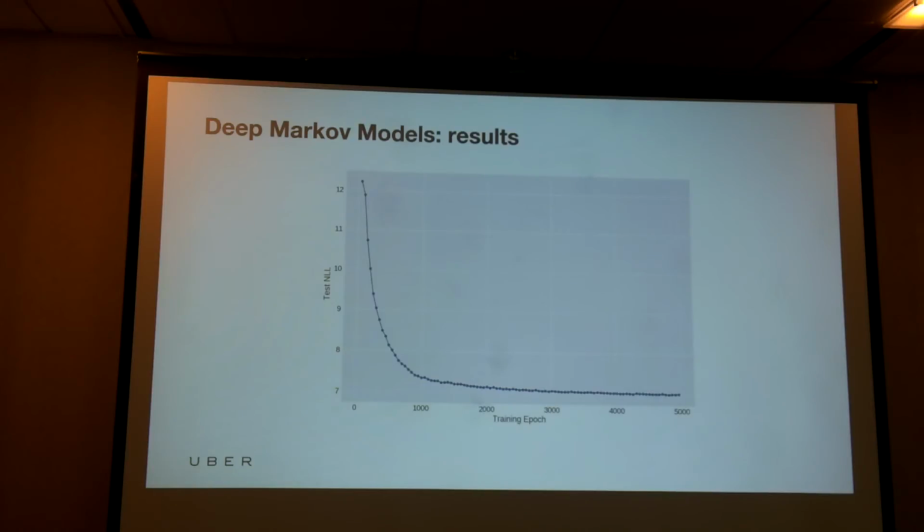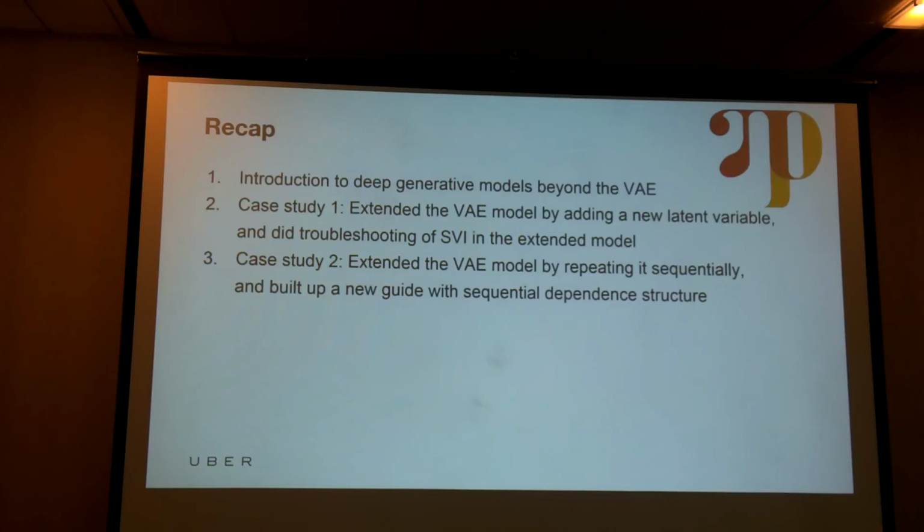Follow what I think was a fairly logical troubleshooting process of checking the assumptions that we made and building the model and guide. And at the end of the day, you get models that really work, behave the way you want them to, and learn in a reasonable amount of time. Yeah, so that's pretty much it.